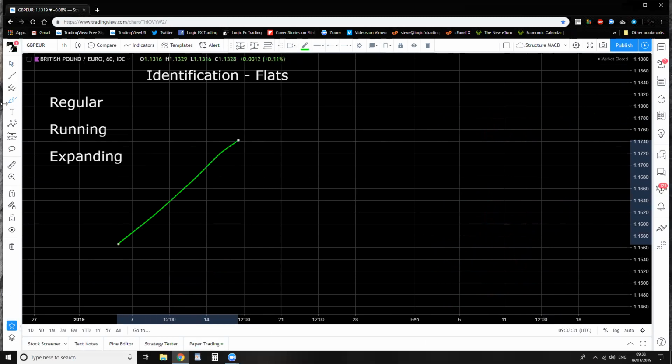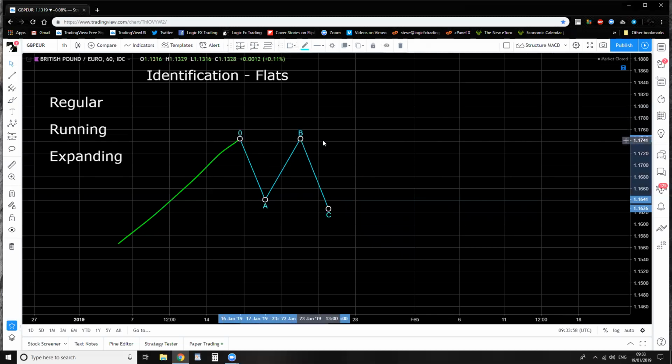There's our impulse. Let's take our tool. You get your first wave back, which is an A. You get your next one up, which is a B, and you get your next one down, which is a C. That's what you would call a regular flat, where B comes up to the area. And remember, this is not painting by numbers, guys. Nothing is exact in trading or in charts.